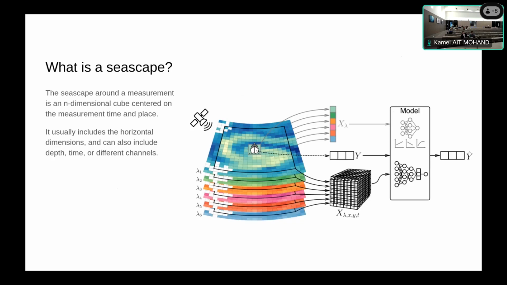So the seascape might just incorporate the water column at a certain place. It might just be a whole area centered in a place. And it may also include time, for example, the past and present of that area, or even the future, and different channels. So we might have different sources of information about the environment of that measurement. And the idea of the 5th data challenge is to use this information to predict fish and plankton abundances.